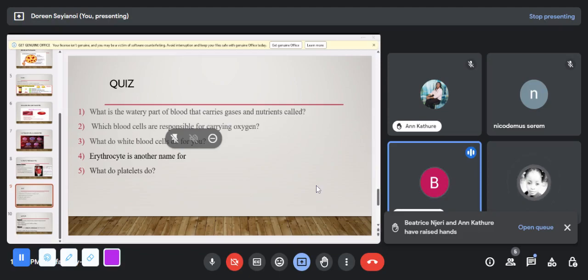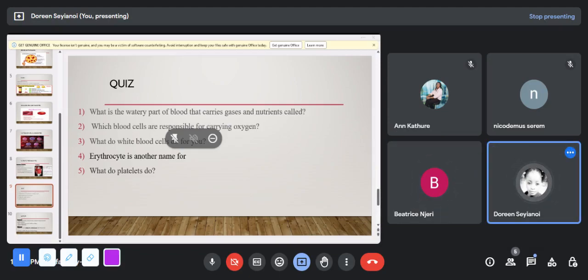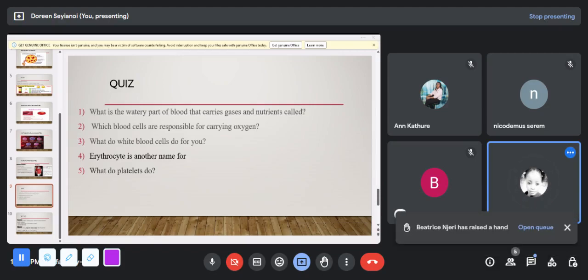We've said plasma is the one that transports blood, water, waste products, antibodies, all those. Which blood cells are responsible for carrying oxygen? Anne? Red blood cells.